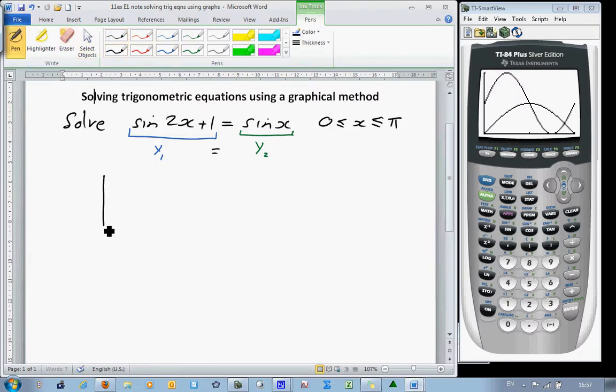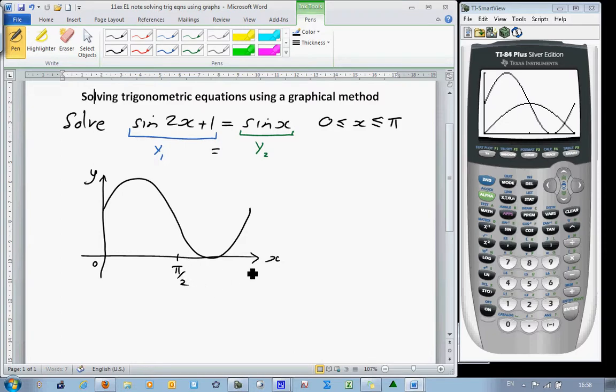This would be pi over 2. This would be pi. And I'm just going to make that go up and over like that. You'll see that this is 1 here, and this is 2.